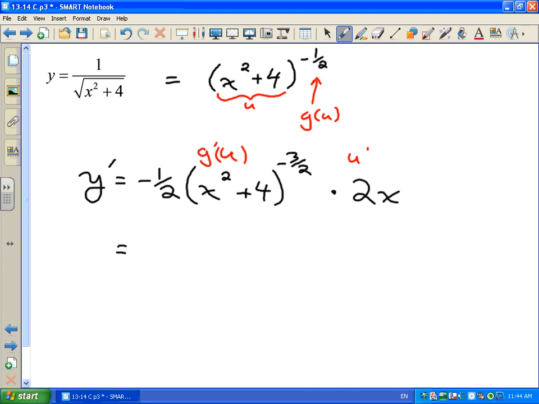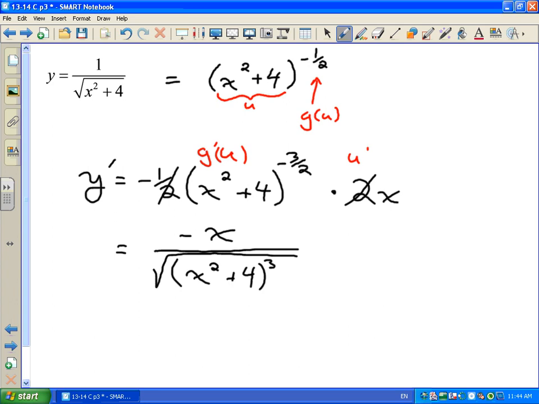I've got 1/2 and a 2, so those are going to sort of cancel each other out. And I'm going to have negative x over x squared plus 4 to the power of 3 over 2. So that's cubed, and then we take the square root. Okay. And there's my derivative.